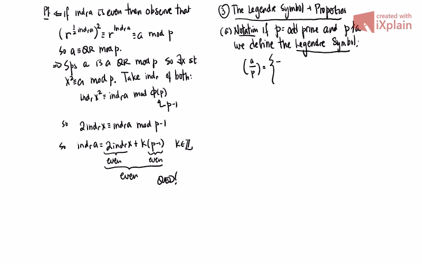So we'll define that this is plus 1 if A is a quadratic residue mod P, and negative 1 if A is a quadratic non-residue mod P. I don't need the plus, of course, but I'll put it for now.